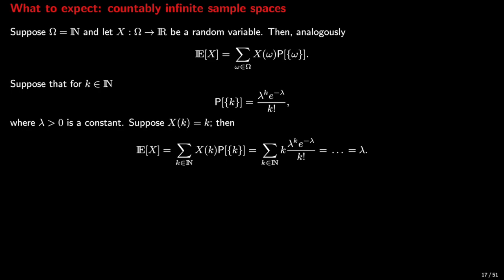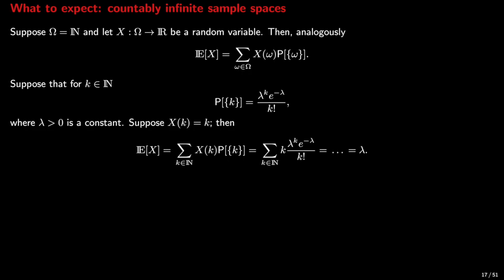So it sounds like a very good deal. But how much money exactly should you expect to get from that game? The answer is simply the expectation of your winnings, the expectation of x, and x of k is k. That's what we described here. If the computer spits out k, you earn exactly k in pounds.